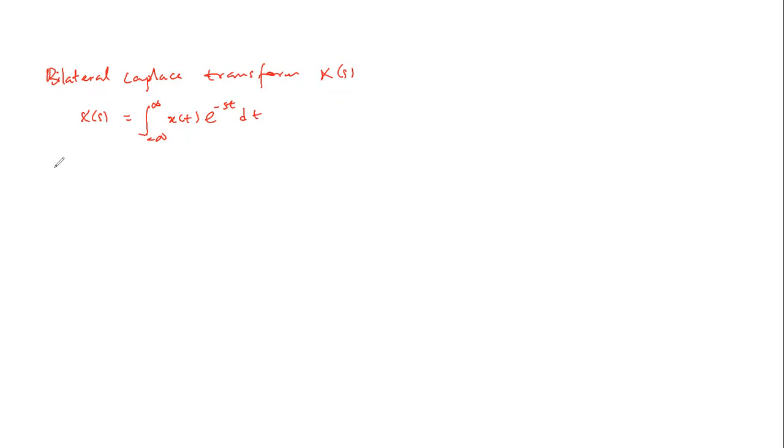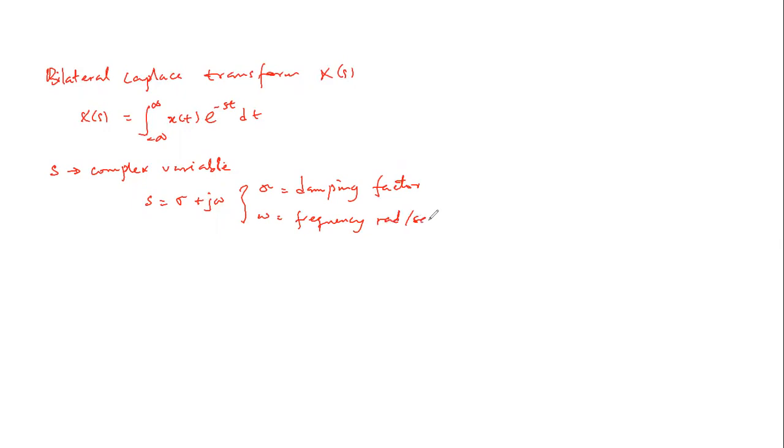Where s is a complex variable, defined by s being the same as sigma plus j omega, where sigma is the damping factor and omega is the frequency in radians per second.